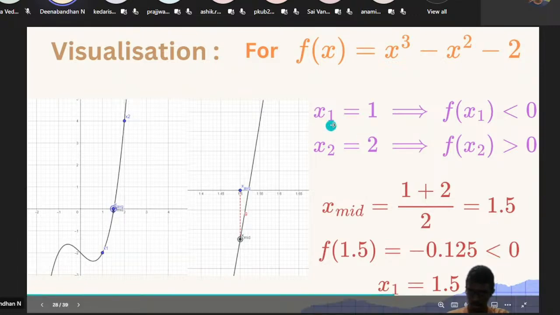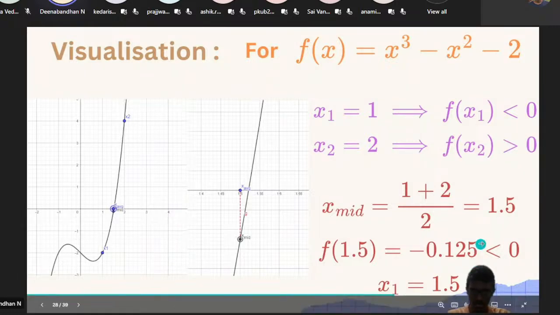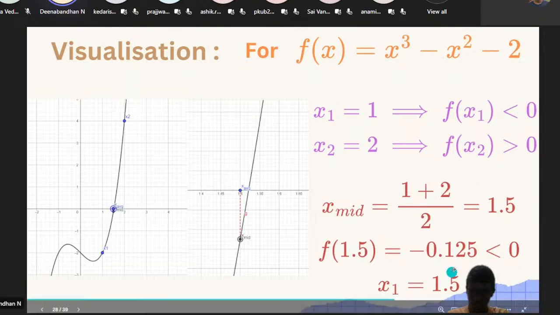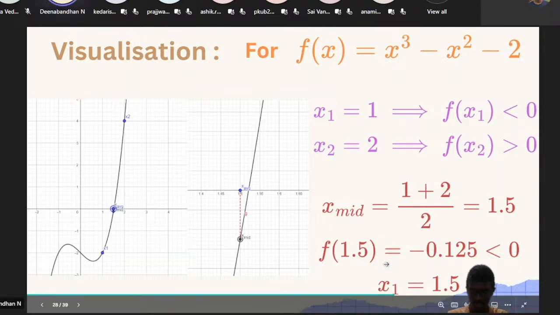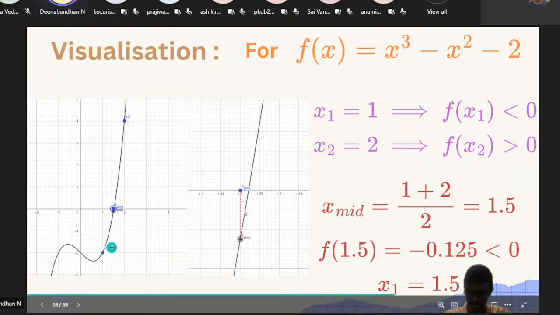I have chosen 1 and 2, where one is in the negative y-axis direction and another in the positive y-axis direction, I mean above the x-axis and below the x-axis. You have to replace whichever x has the negative value with this x mid. So basically we are neglecting the previous negative point. Let's say for a while, we name this the positive point because it's above the x-axis, and this the negative point because it's below the x-axis.